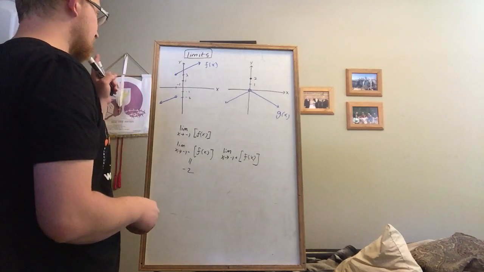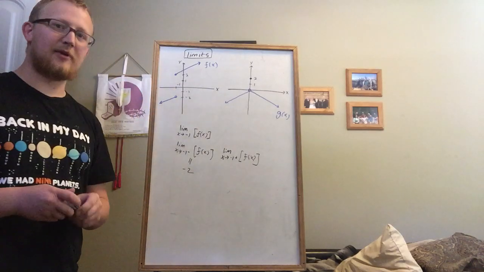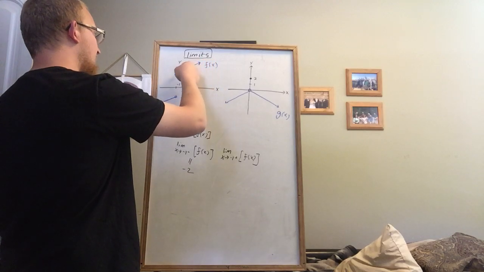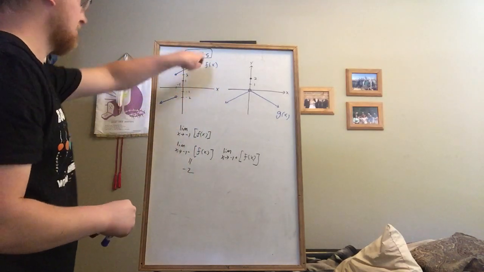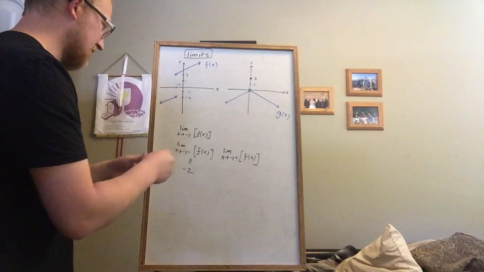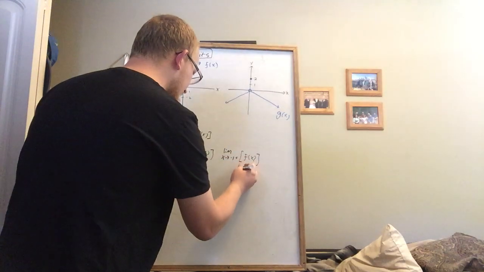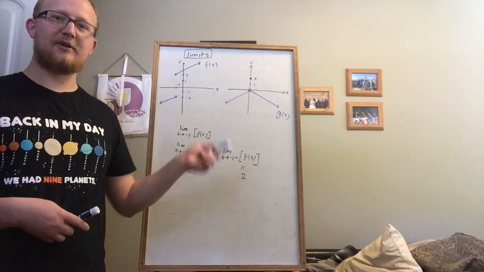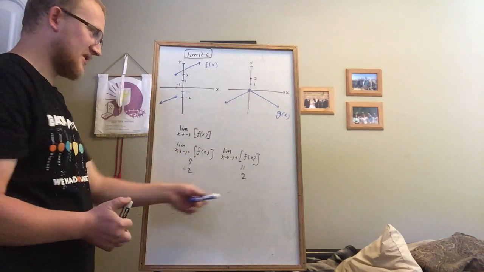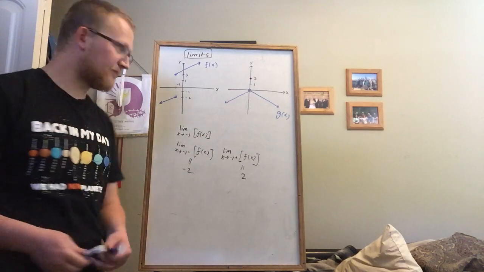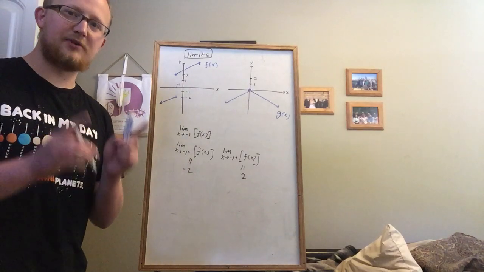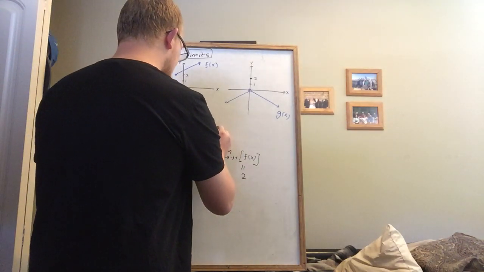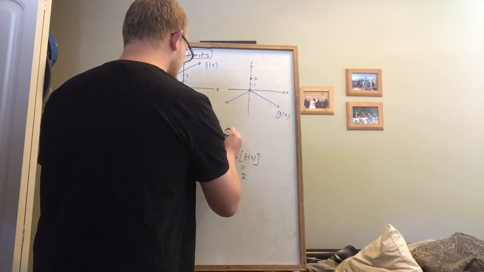Now, what if we approach x equals negative 1 from the right? As we keep getting closer and closer to negative 1, you'll notice that from the right, we actually approach y equals just 2. And so we have a difference between our left-handed and our right-handed limits. One of them is a totally different number than the other. And because these don't match, this limit does not exist.